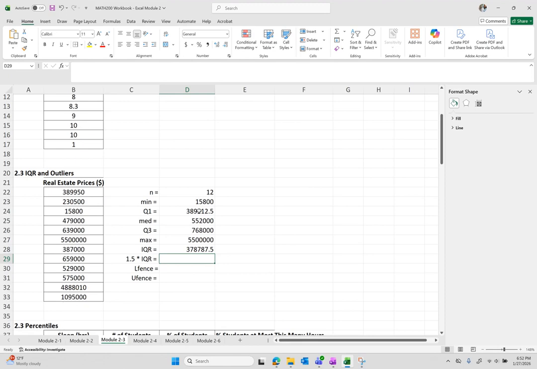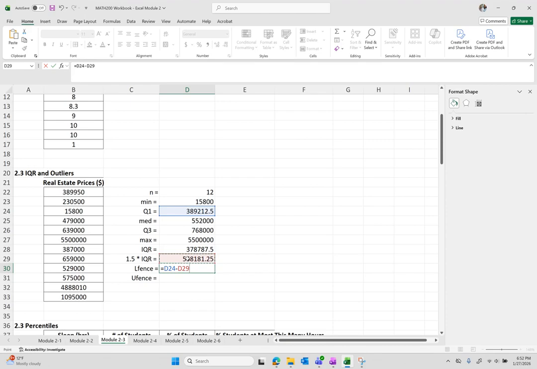Then I'm going to multiply the IQR by 1.5, equals 1.5 times this. And then I'm going to find the lower fence. The lower fence is Q1 minus the 1.5 IQR, which is our distance from the quartiles that will generate reasonable values.